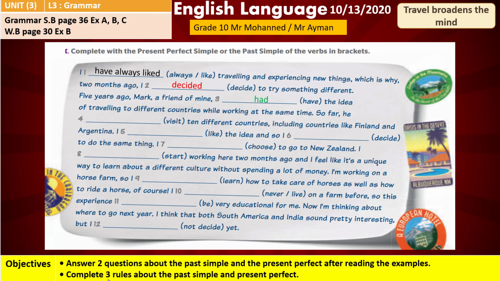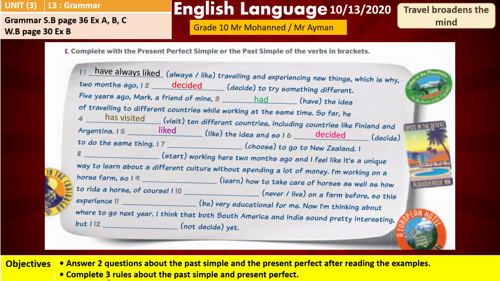So far, he visited or has visited. Has visited, because time was not mentioned. 5. The idea. I liked the idea or I have liked. Liked. And so I decided or have decided. Decided again. To do the same thing.